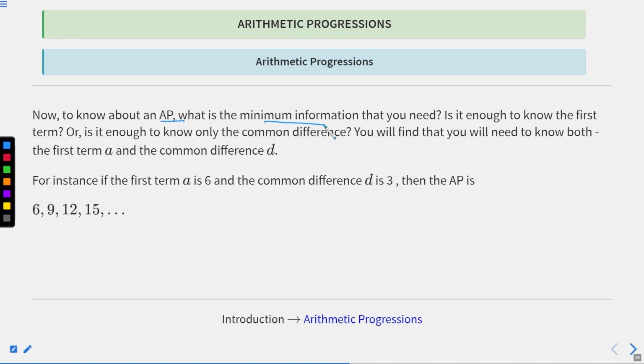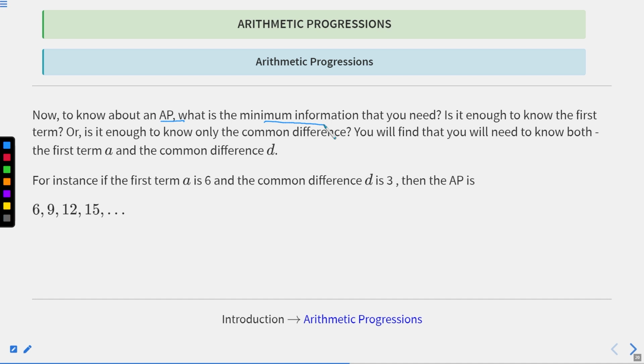And third, is it enough to know only the common difference D? You will find that you need to know both the first term and the common difference D. So to know about an arithmetic progression, you need the first term of the AP and the common difference D.